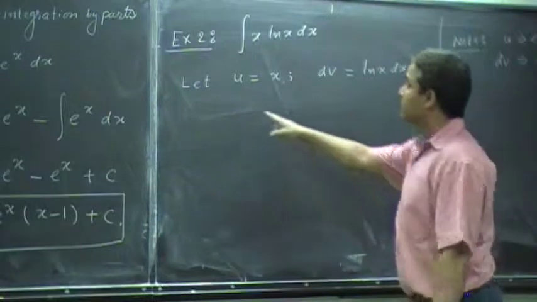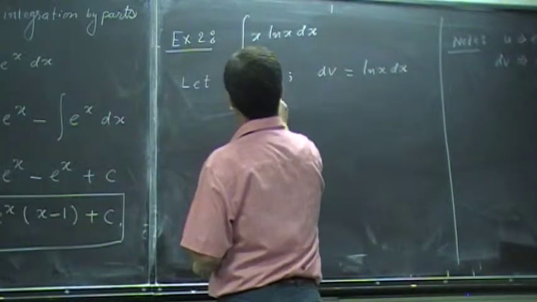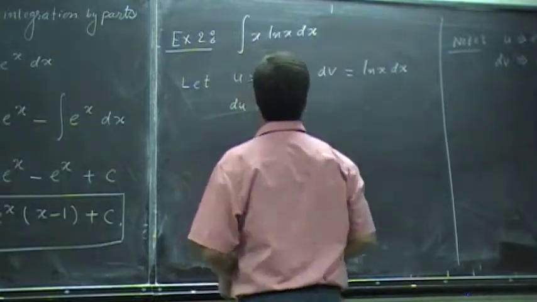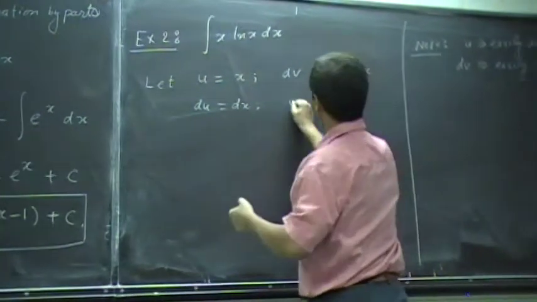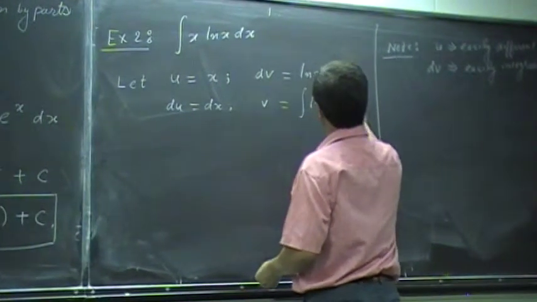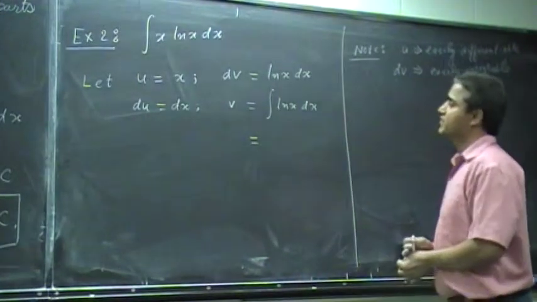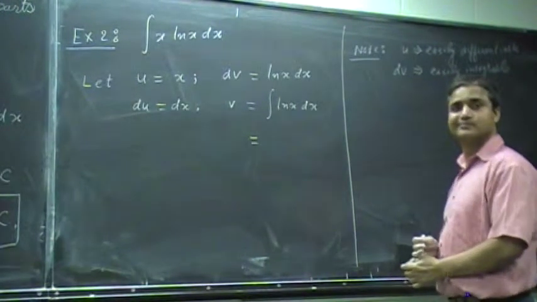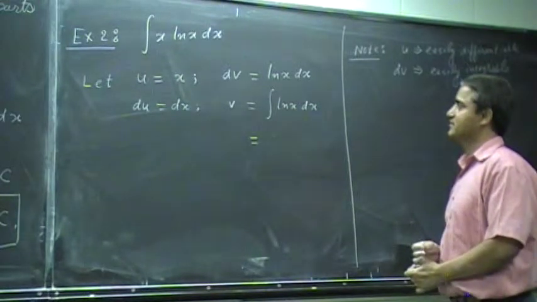If u equals x, we can find du, that is dx. But once we have dv, what is v? It is the integral of natural log of x dx. Oh, maybe we got to a problem. Maybe we are stuck here.